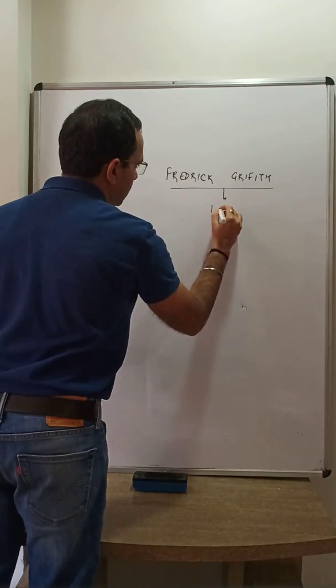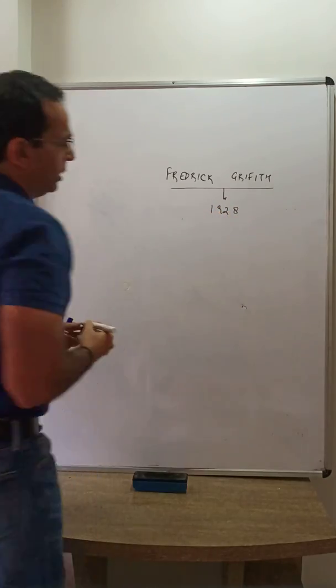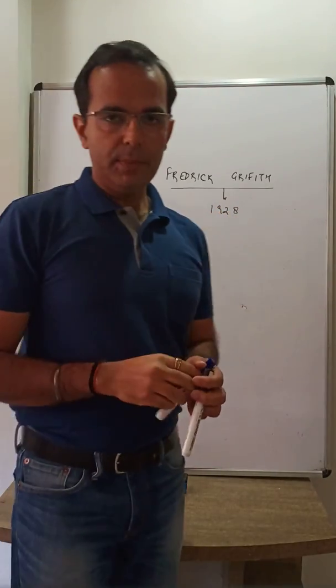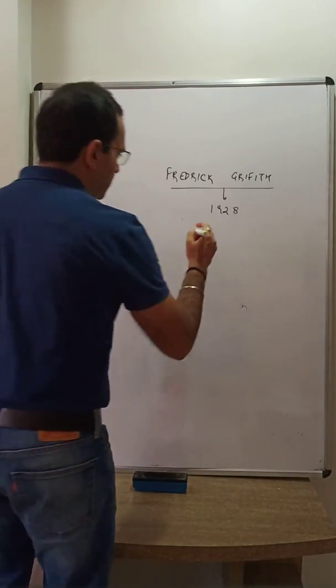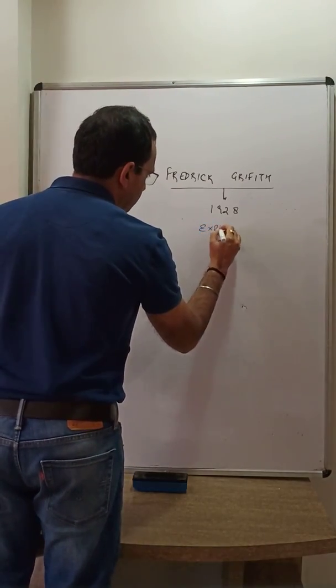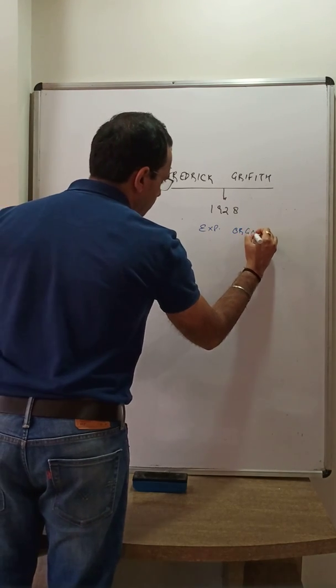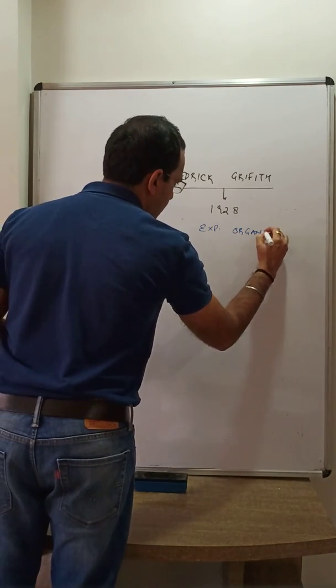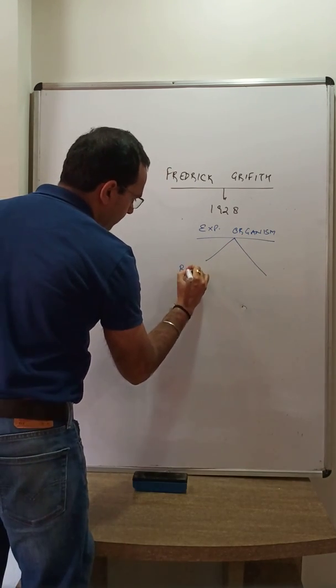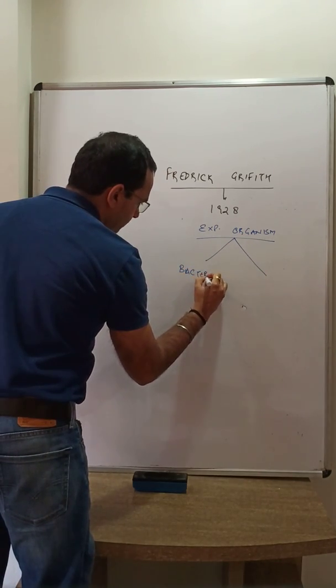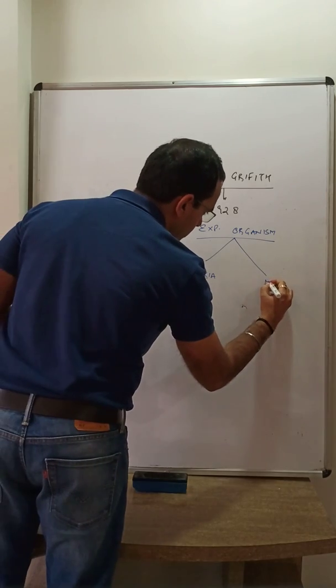in the year 1928, performed a series of experiments by taking two organisms. His experimental organisms were bacteria and the second was mice.